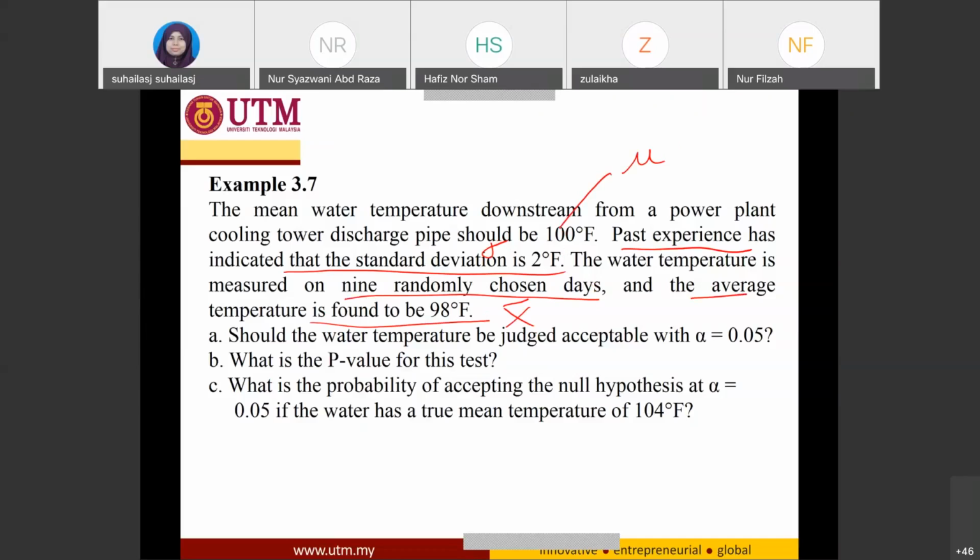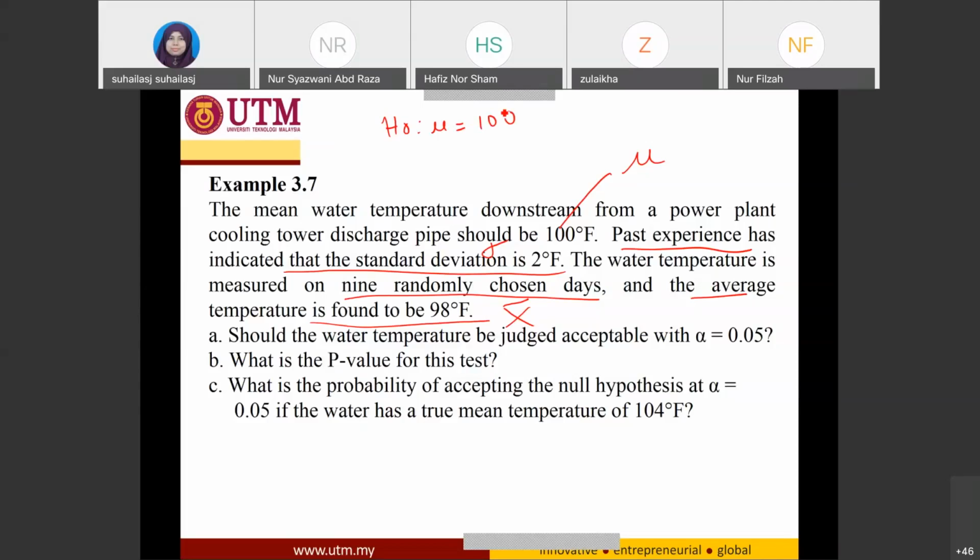So should the water temperature be judged acceptable with alpha 0.05, what is the p-value and then what is the probability of accepting the null hypothesis? Okay, ada 3 soalan lah ini. Okay, first, since this one is case 1, you write down your null, so mu is equals to 100.